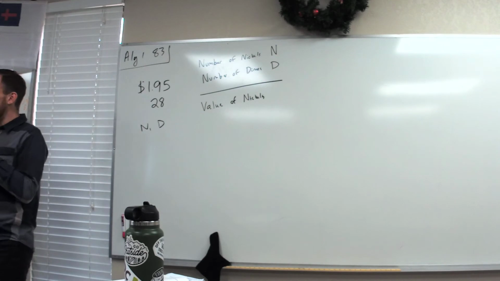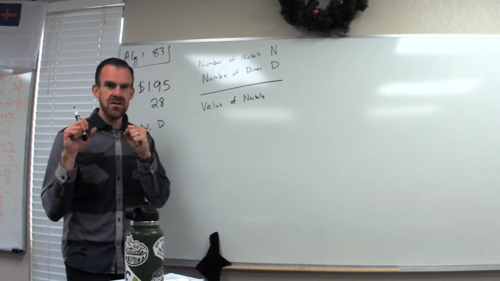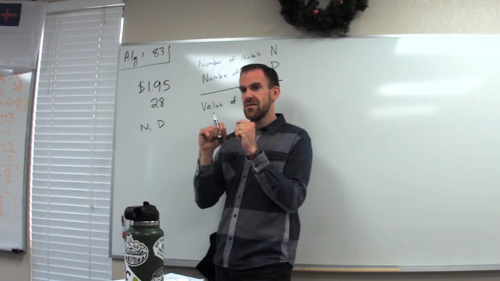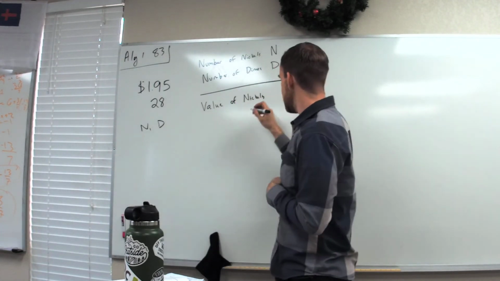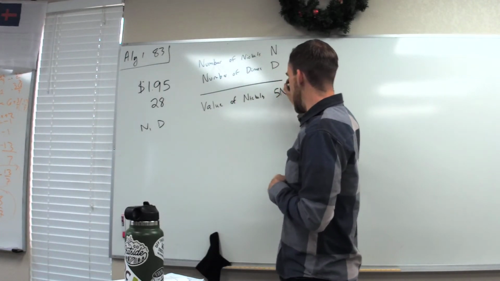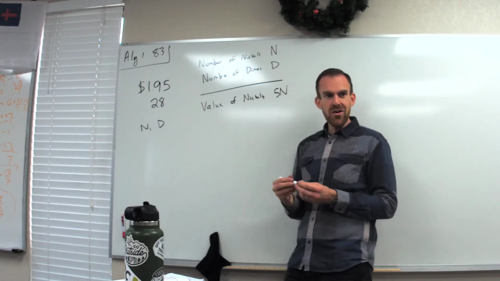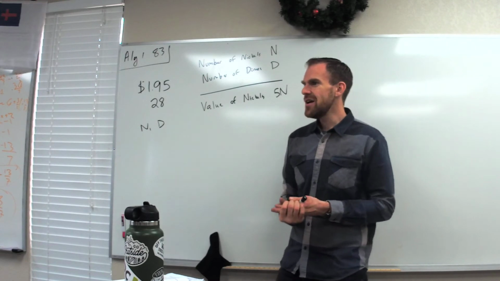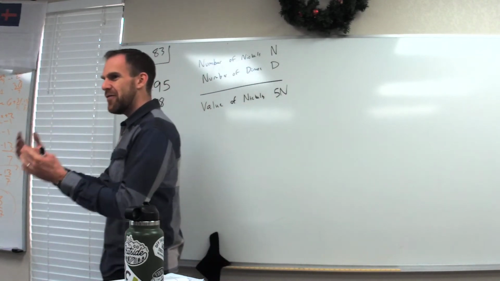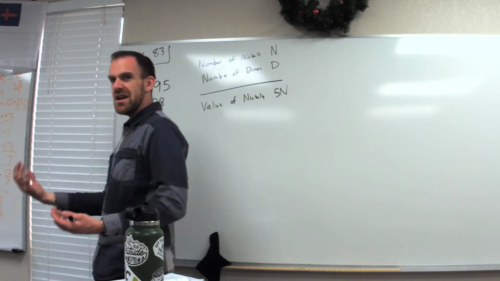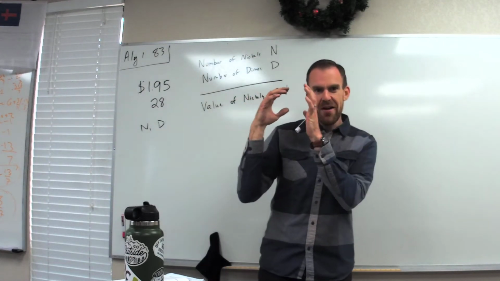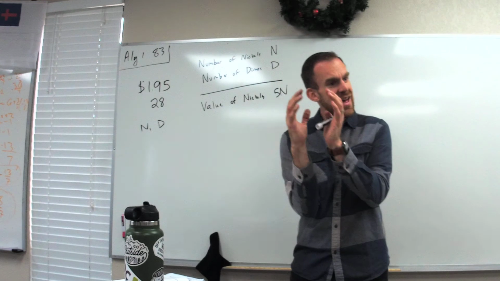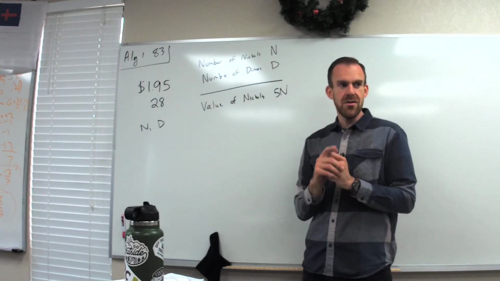So what is the value of all of those nickels? 5n. 5 times n. Why? Because if I have 1 nickel, I multiply 5 times 1, and that gives me how much it's worth. If I have 1,000 nickels, I multiply 5 times 1,000. So we'll multiply 5, which is the value of 1 nickel, times n, the number of nickels we have.